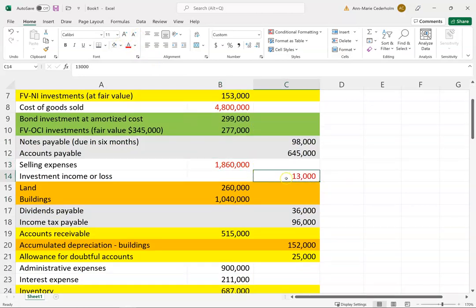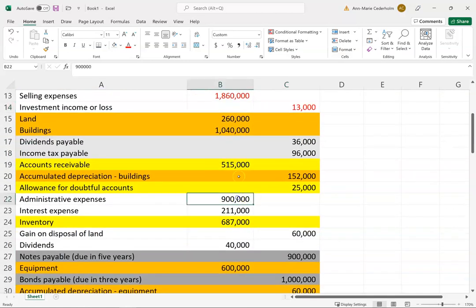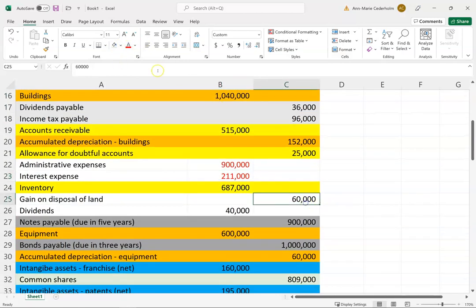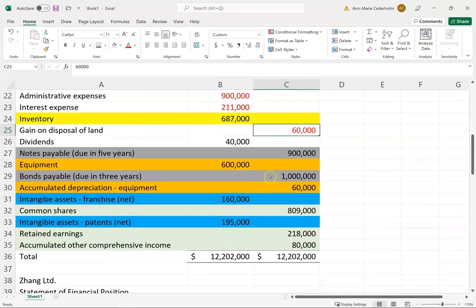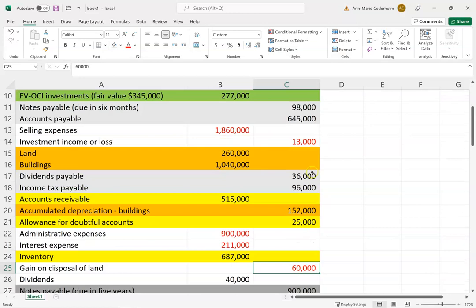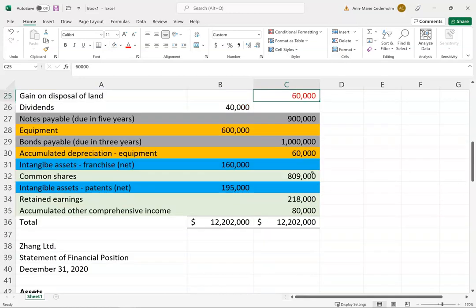So in the question it says those are related to our net income investments, and our net income investments flow through net income. Minus my admin expenses, minus my interest expenses, plus the gain on the disposal of land. I think that's it.